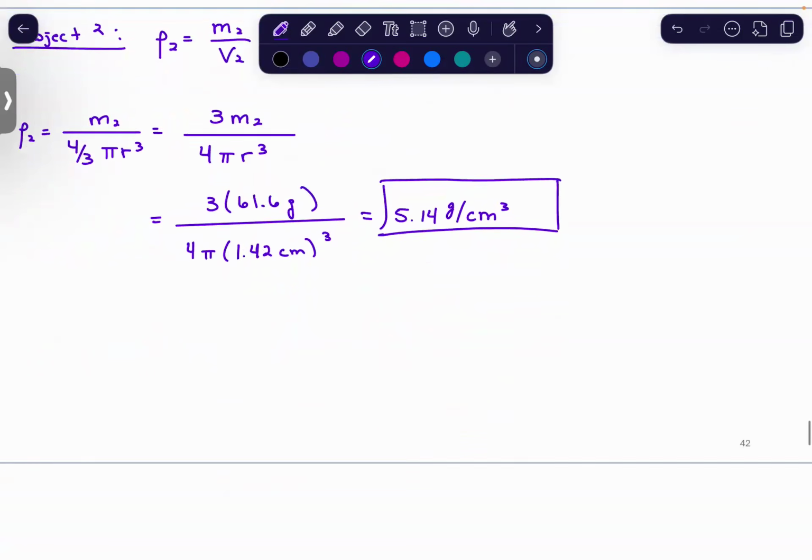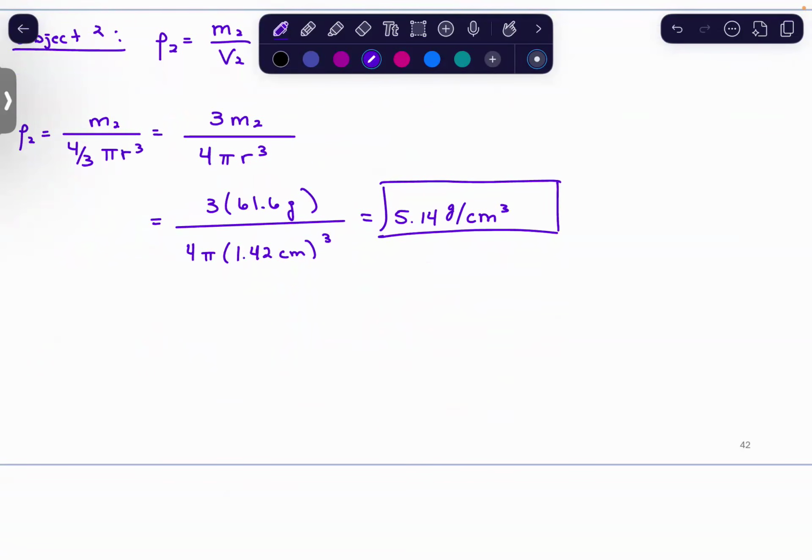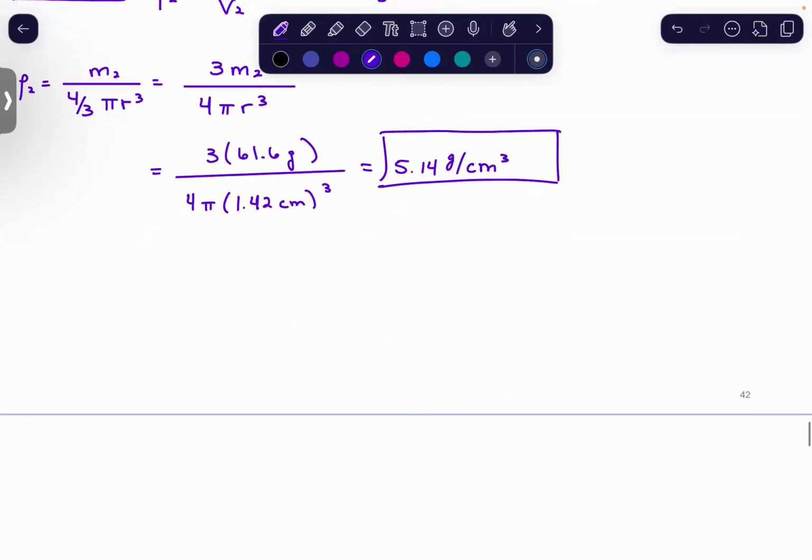Okay, so what I'm going to do is go back to object 1. My density range is going to be plus or minus 1% of 5.20. So 1% of 5.20 is what?